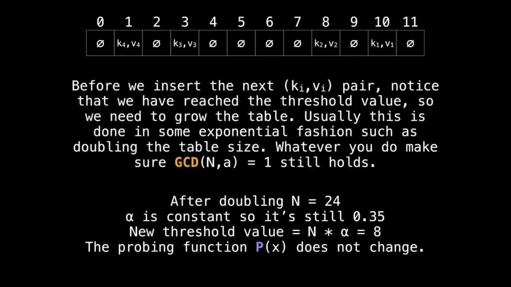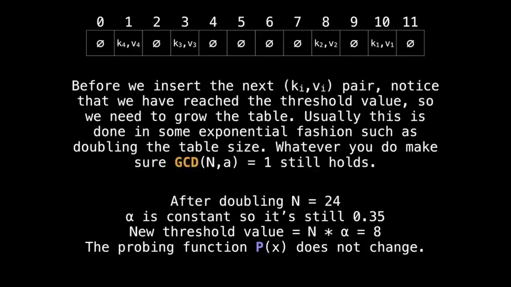So how we usually resize the table is via some exponential fashion, such as doubling or tripling or so on. But we need to double in such a way that the GCD of n and a still holds. So after doubling, n is equal to 24, and the GCD property is still good.